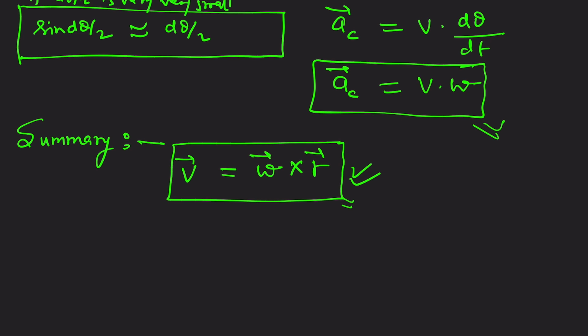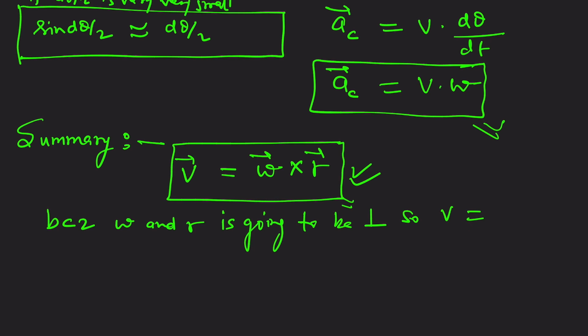And the second thing is, because omega and r are going to be perpendicular, we can simply write v is equal to r omega also. When we want to calculate the magnitude, we can directly use this, not to worry.